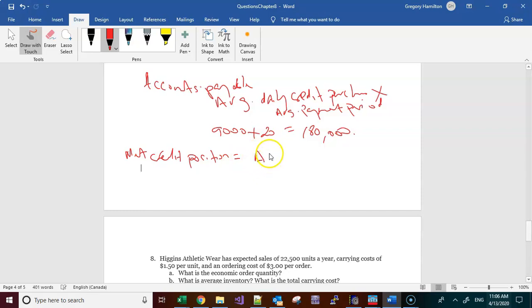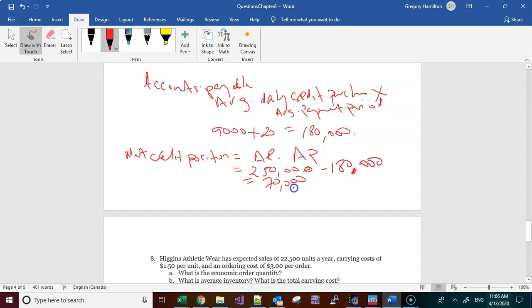Equal to AR minus AP, which in this case would be 250,000 minus 180,000, which would equal 70,000.